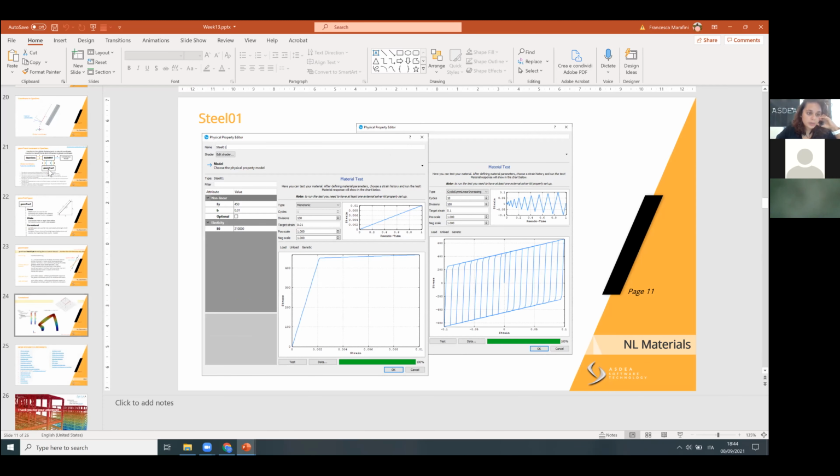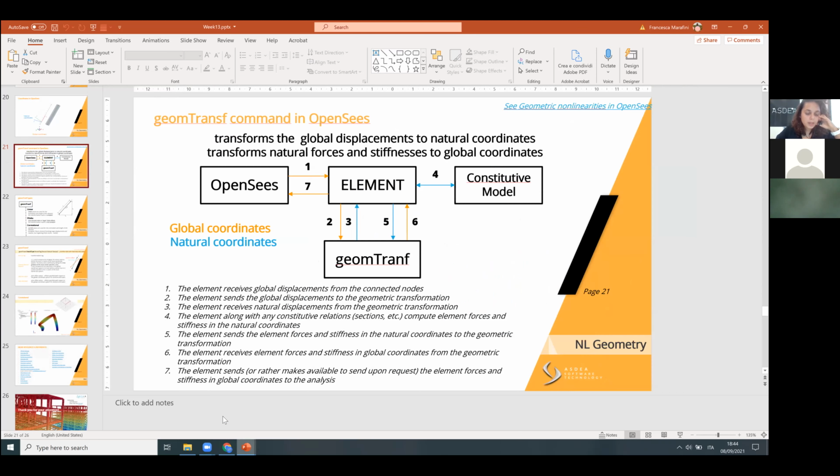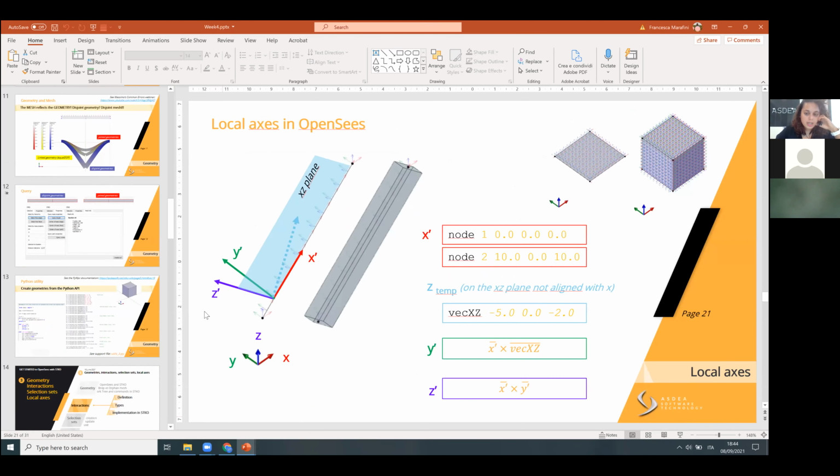And for geometric transformation, please review the week 4 presentation, as it was asked before. This is quite a difficult concept to grasp at the beginning, and it can be useful for other types of modeling, for example zero length. So try to fix this in your head, and also make some attempts.